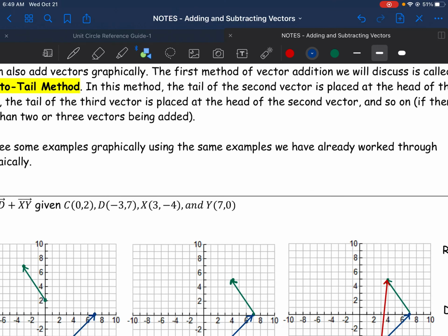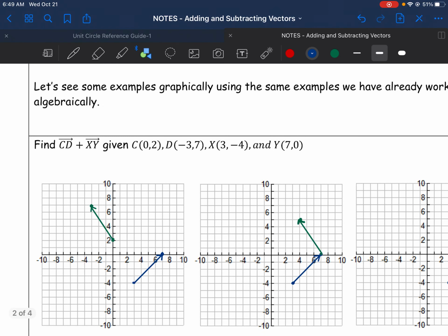So, looking here at our first example where we did vector CD plus vector XY given the points C, D, X, and Y from that first example, what I've already done is I've graphed the points. So here's vector CD, initial point 0, 2, terminal point negative 3, 7, and then here's vector XY, initial point 3, negative 4, terminal point 7, 0.